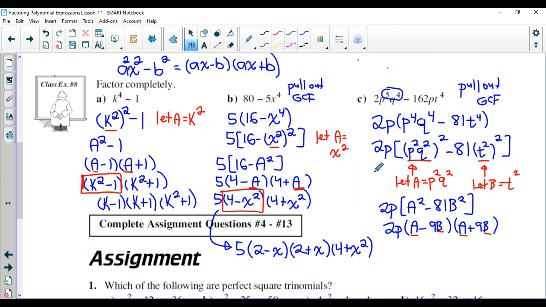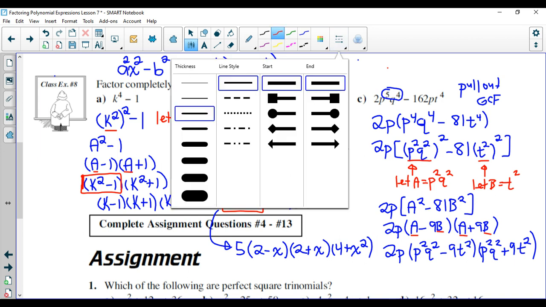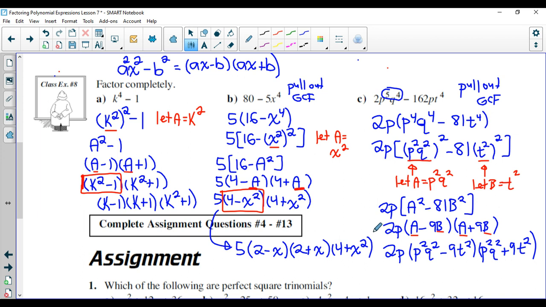So if I do that, this would then give me 2p, and then I would have p squared q squared minus 9t squared, and I'd have p squared q squared plus 9t squared.